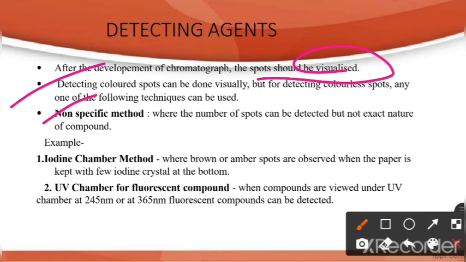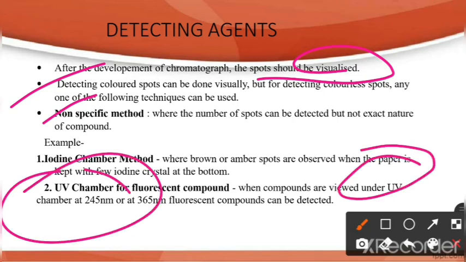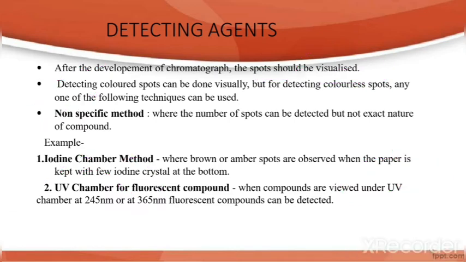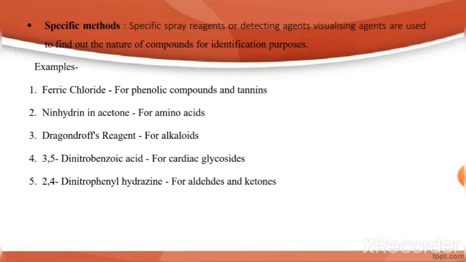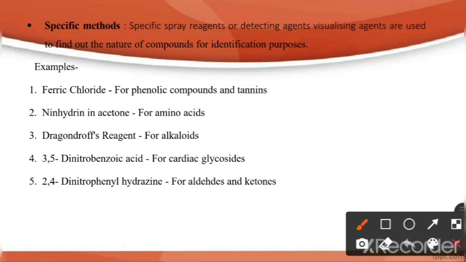Second technique, that is the UV chamber for fluorescent compounds. When the compounds are viewed under the UV chamber at 254 nanometer or 365 nanometer, fluorescent compounds can be detected. And there are different methods, that is specific methods. Here the specific reagent will be sprayed on the TLC plate and then the compounds can be visualized.